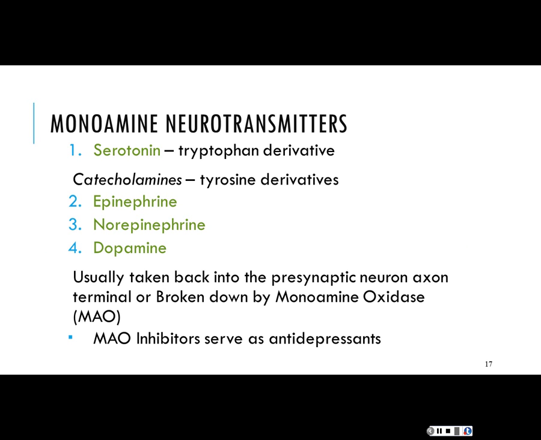As far as I know, I can't think of a cell type outside the CNS that would release serotonin. So serotonin is strictly a central nervous system neurotransmitter. Epinephrine and norepinephrine originate from tyrosine. And as we identified, these are not only central but also peripheral nervous system neurotransmitters.